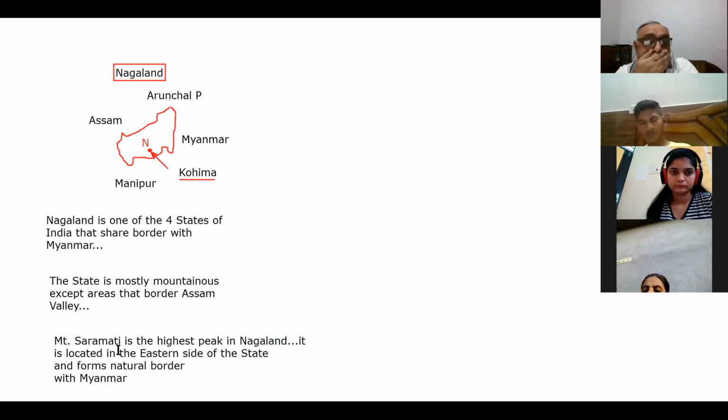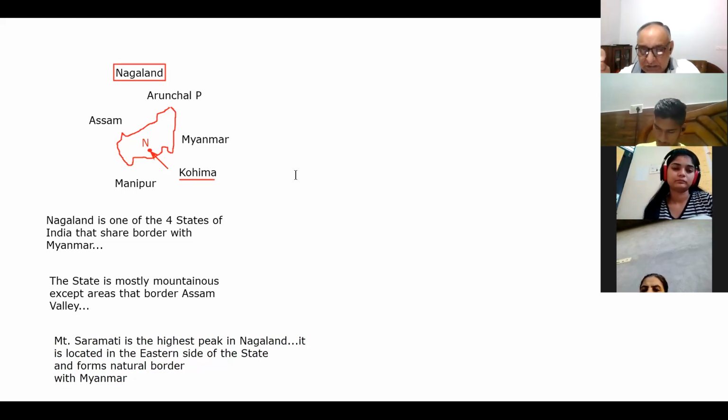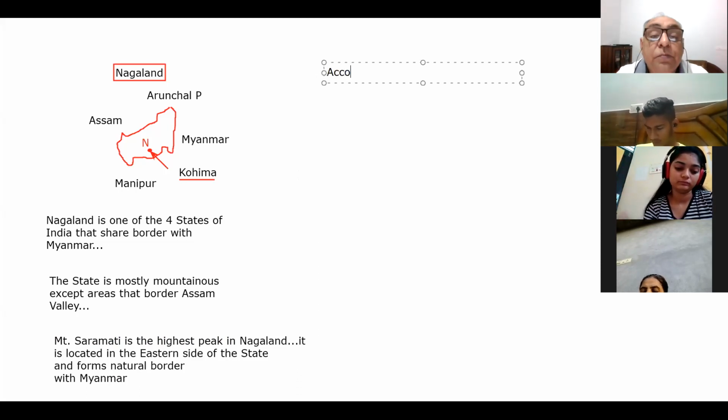And apart from that, according to 2011 census, Nagaland was the only state of India where the population growth rate was recorded negative. So this is an important fact which you should remember.